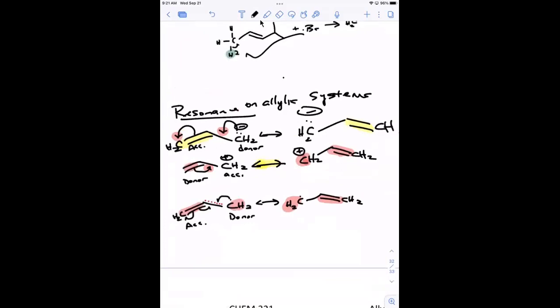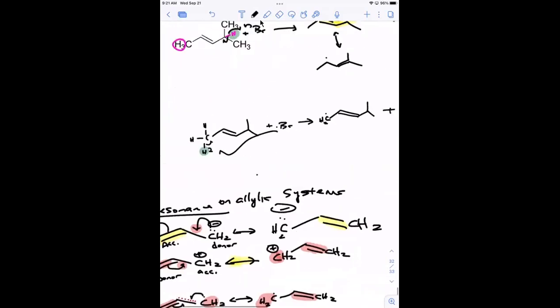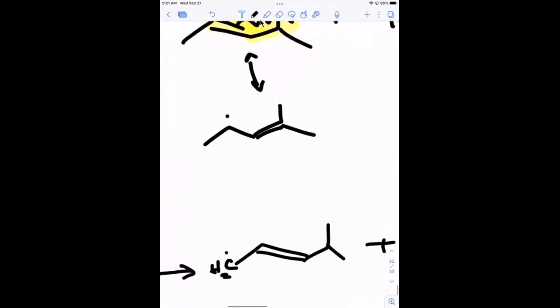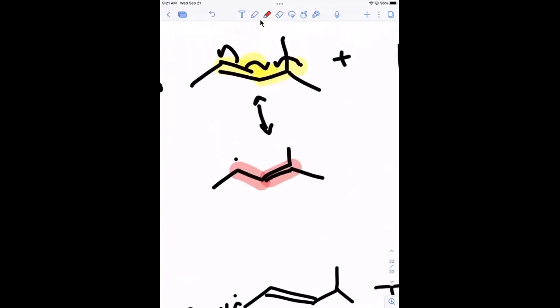And you can interconvert between those resonance forms. So when we have a radical like this, it's following this pattern, it's an allylic radical. When I rearrange it, this is the resonance form for the top structure, and I can always go back. That's why I use this double-headed arrow, meaning I can interconvert between those resonance forms.